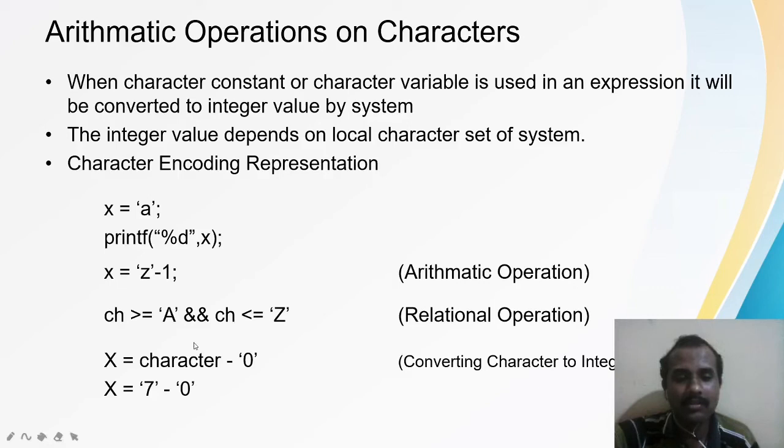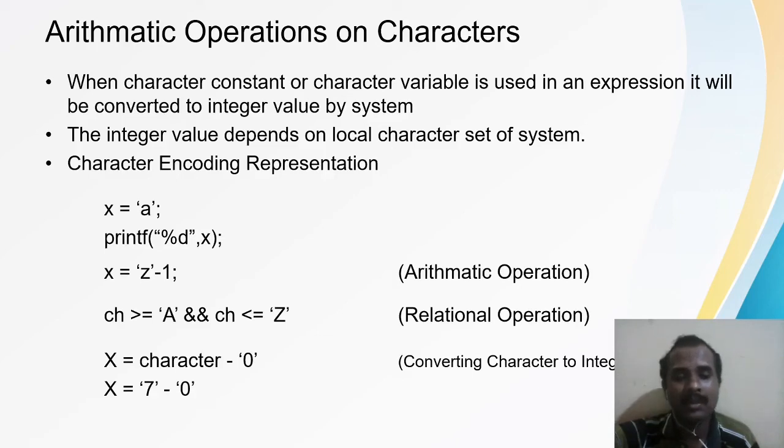And what I want to do here is, by mistake, I have taken the integer as a character constant. So how do we convert that? Very simple: subtract the character constant 0. When you do that, 7 minus 0 will give you the proper value.